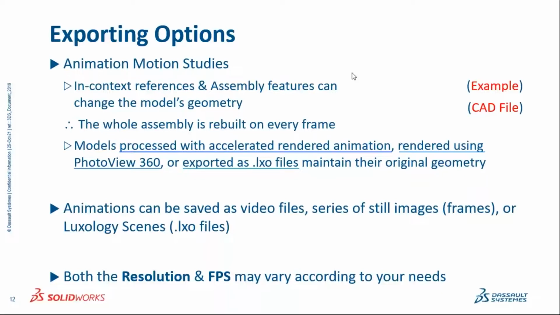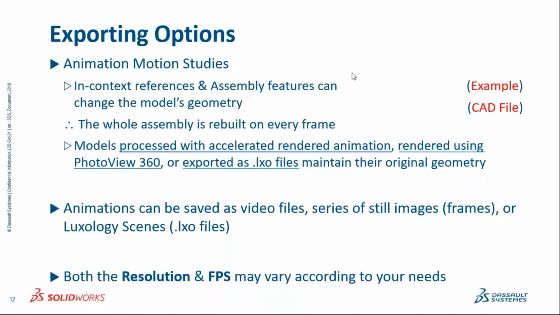Either as a 1 second video that's 30 frames per second, or I can export it as 30 images like PNG or JPEG or anything, 30 images that if I play them very fast, I'm going to get my animation. The last thing is Luxology scenes, which is LXO files. These are things that are used when you render the model, okay?